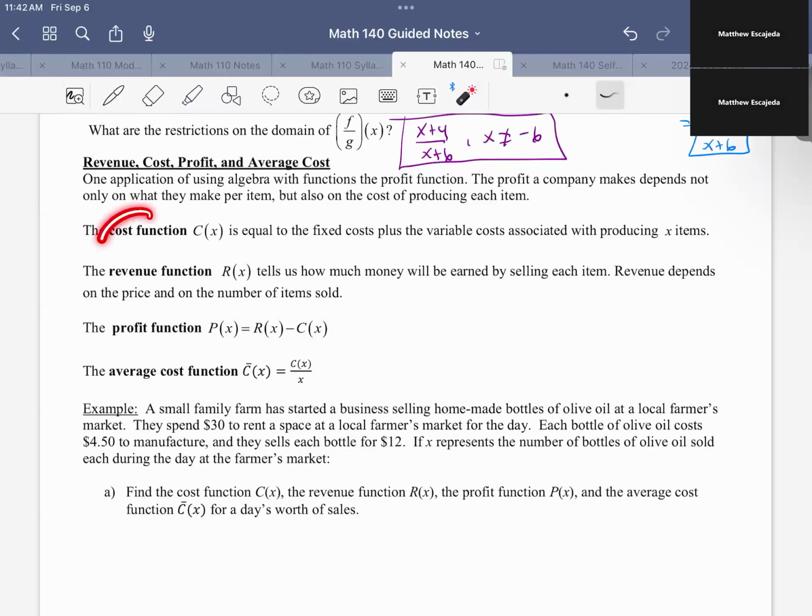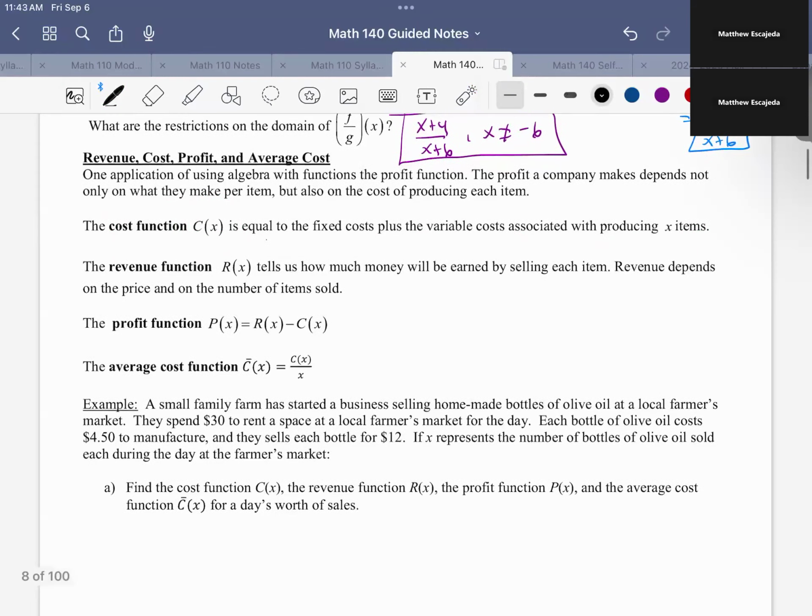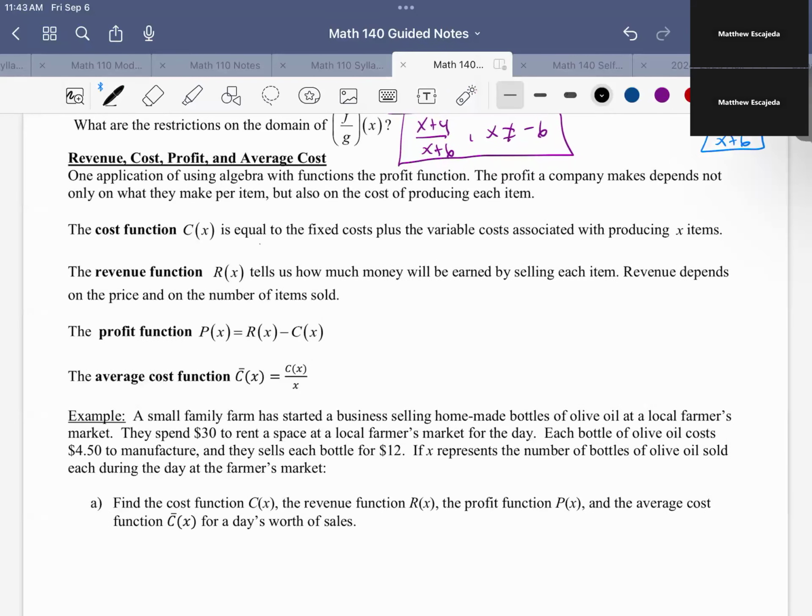So there's a cost function denoted as capital C of X, and it's equal to the fixed costs plus the variable costs associated with producing X items. The way the cost function looks, it's linear. It would look something like C of X equals V times X plus F. And what do these variables mean?